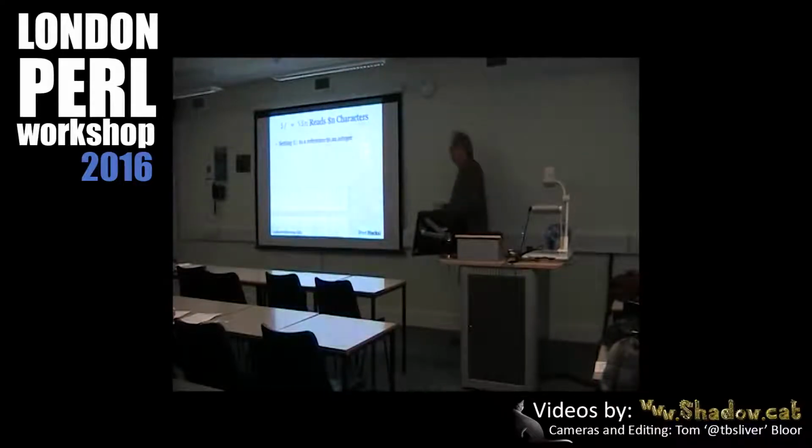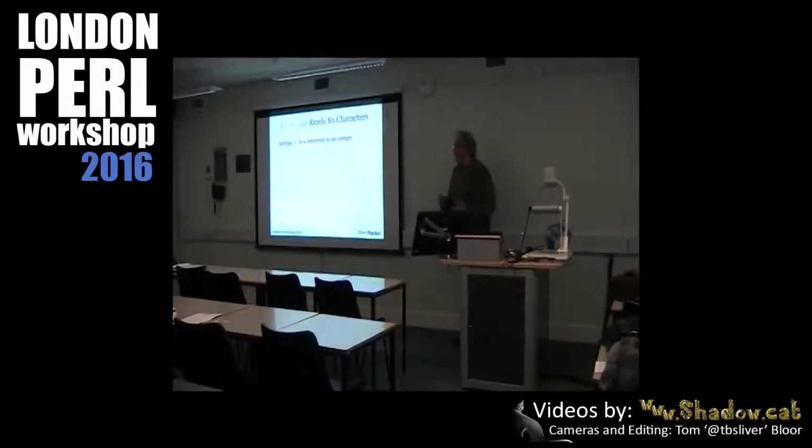And the other special value that you can set $/ to is a reference to an integer. So just \512. And what that does is it reads that number of characters on the next read. So if you're reading some kind of binary file and you know that the records are a certain length, you can set $/ to that integer, and the next time you read data in, you'll get that number of... Well, it used to be that number of bytes.